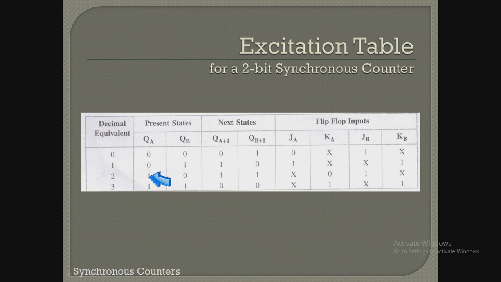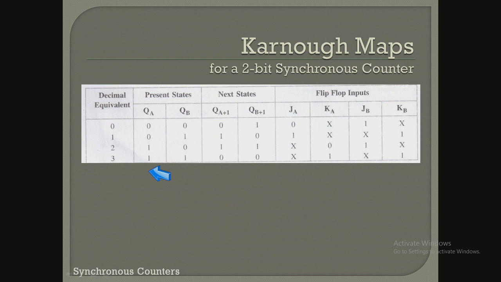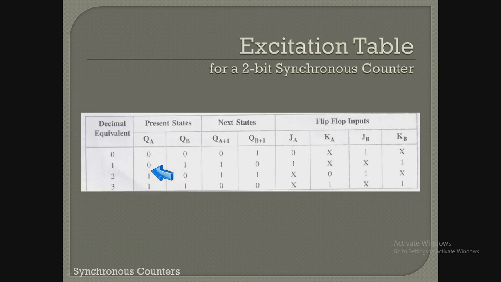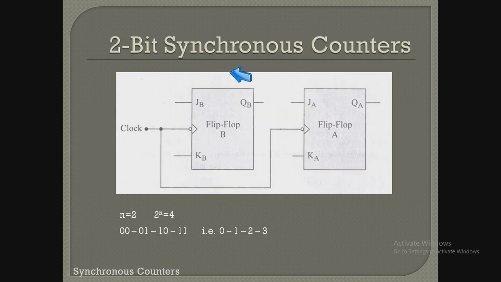So this input is 0 and this output we want to change from 0 to 1. So the A flip-flop QA should be changed from 0 to 1.